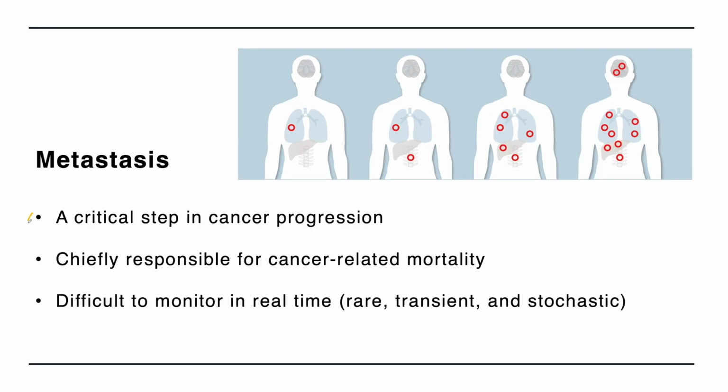Metastasis is a critical step in cancer progression since it is chiefly responsible for cancer-related mortality. However, it is difficult to dissect this event, especially in real time, since it happens rarely and transiently and is highly stochastic.